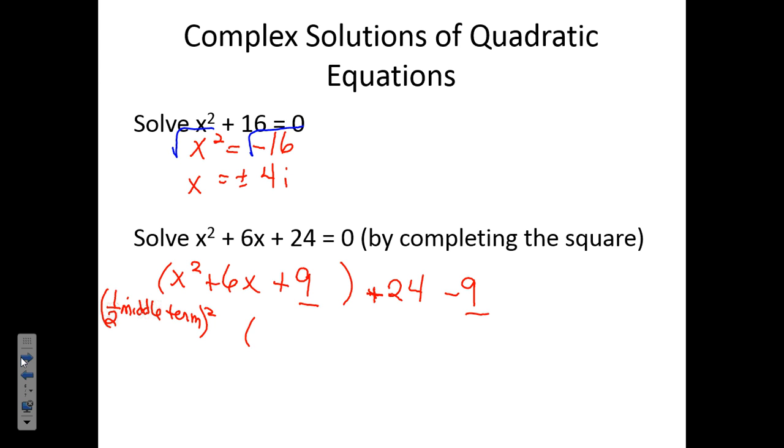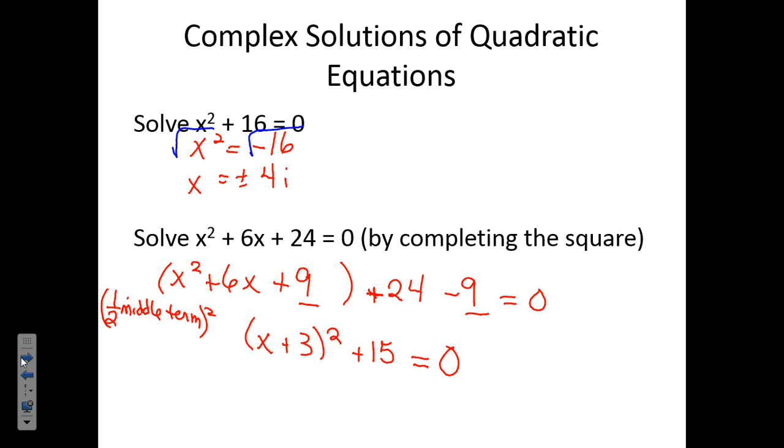So this is now x plus 3, quantity squared, and 24 minus 9, 15. That was equal to 0 before, right? So we don't want to lose our equal 0.